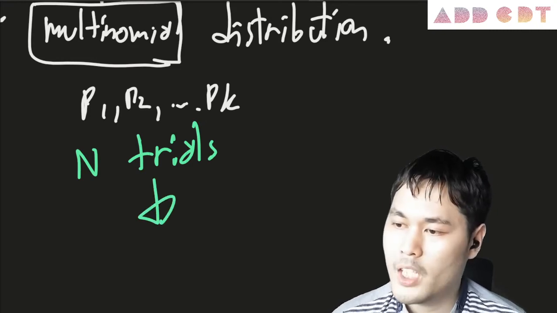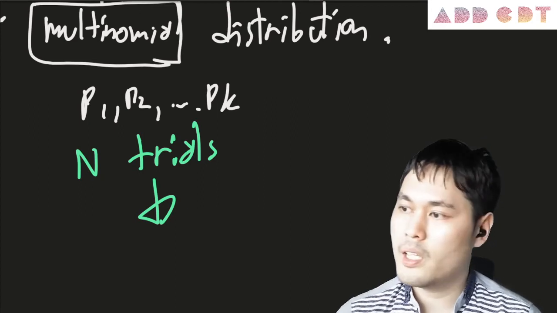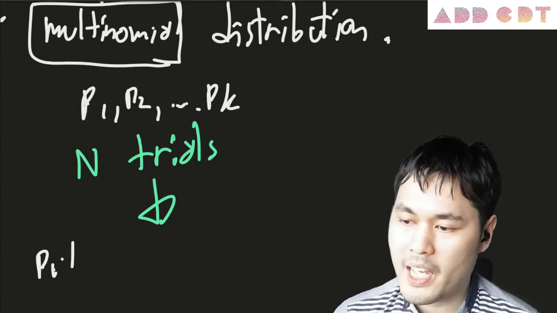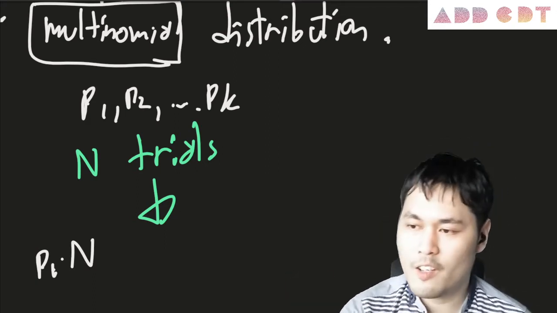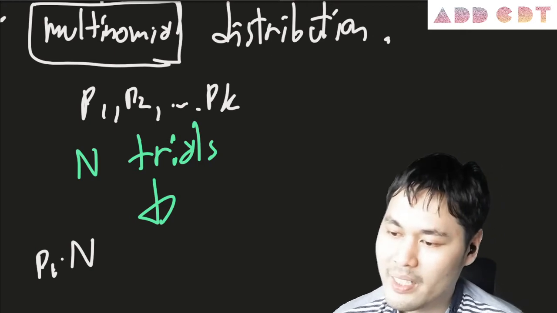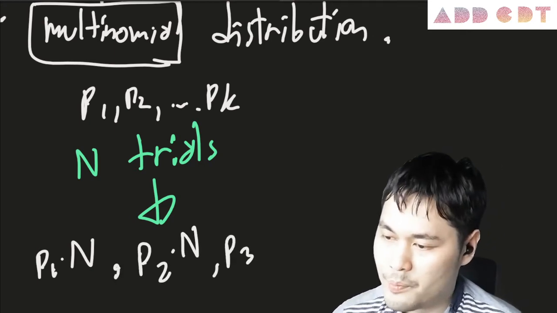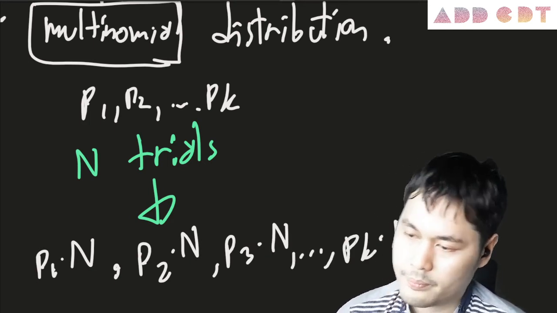If the first box has probability P1 to be picked, then the number of balls that we expect to see is P1 times n. And that's just the definition of probability. And then for P2 we have P2 times n. For P3 we have P3 times n, and so on up to PK times n.